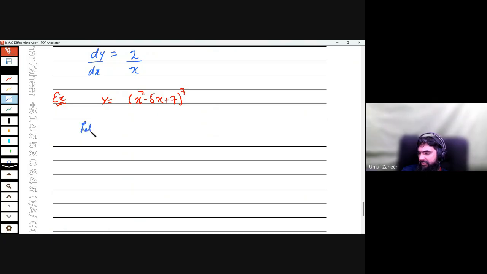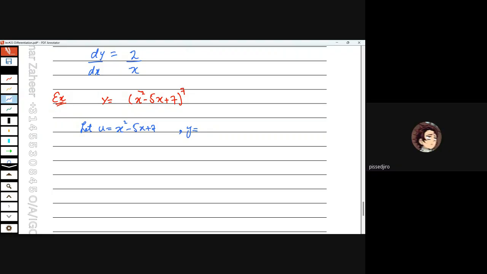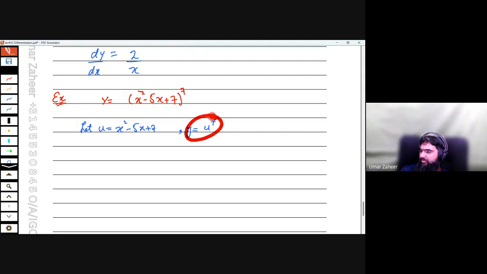Again, let u is equal to x squared minus 5x plus 7, the middle value. Then y will be equal to u power 7. Look at it, the function will become very simple.